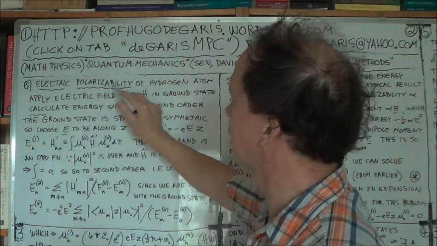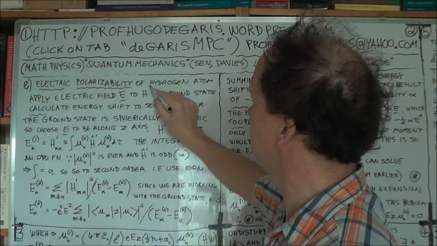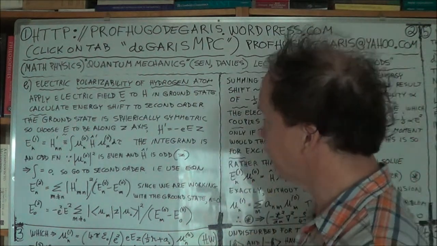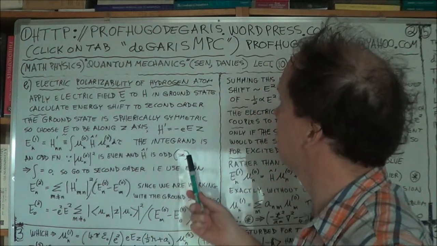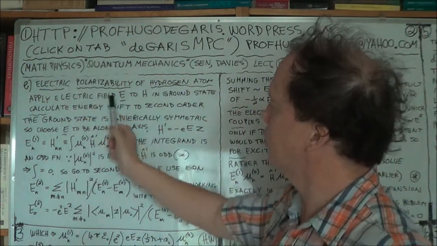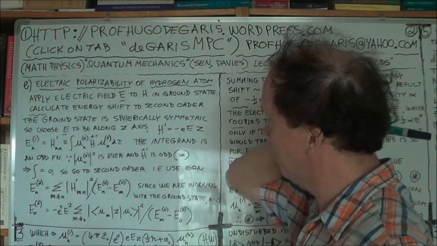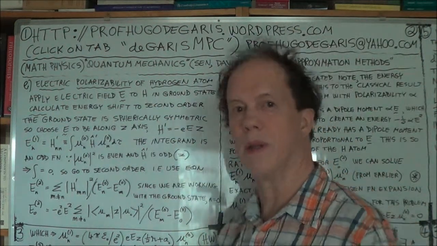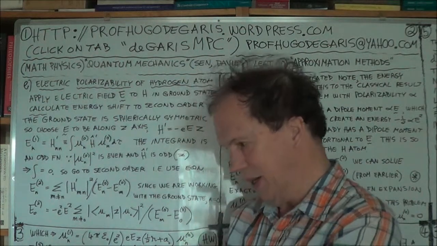called the electric polarizability of the hydrogen atom. So you apply an electric field, E, to the hydrogen atom, and you're told that the hydrogen atom is in the ground state, so it's at that lowest energy state.